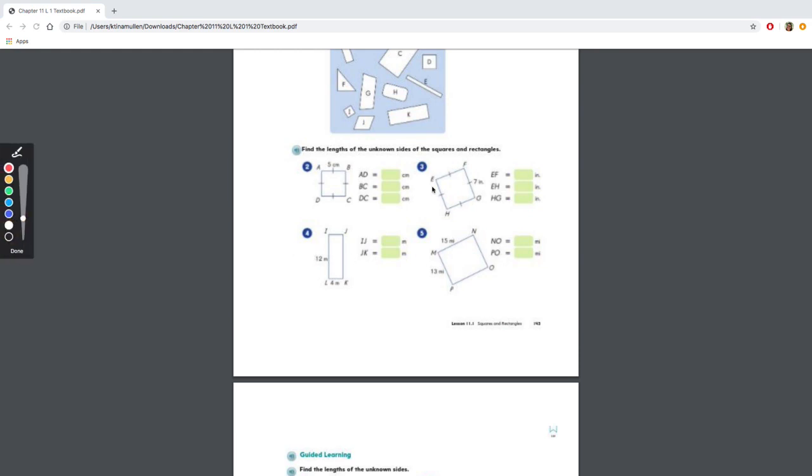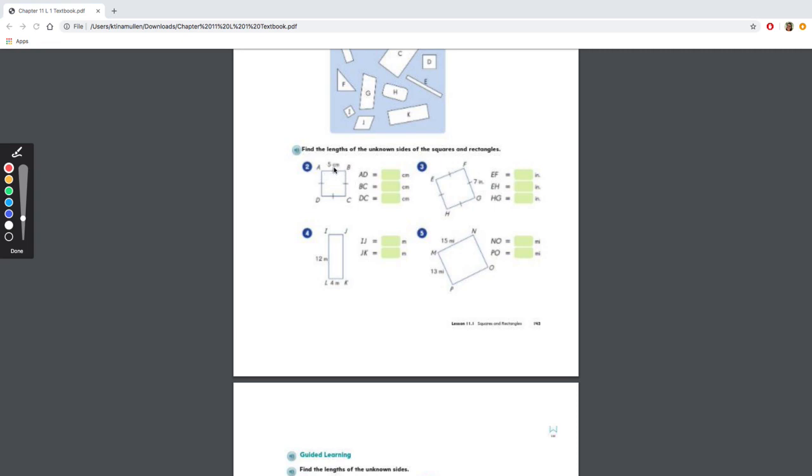Another thing on your workbook that you're going to see a lot of is to find the length of the unknown sides. So this one wants you to find the lengths of the unknown sides of the squares and the rectangles. So the first thing I would do is look at the figure, pay attention to the tick marks. Well, I see 4 single tick marks, so that tells me that this is probably a square.